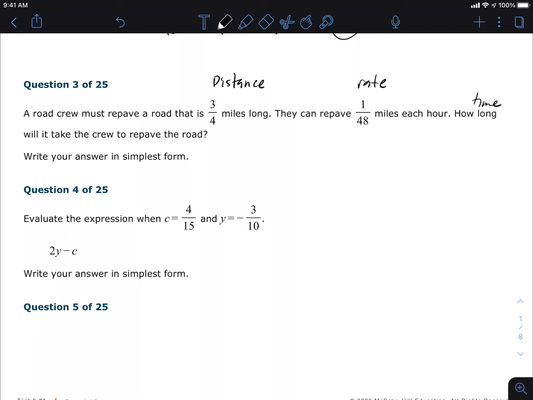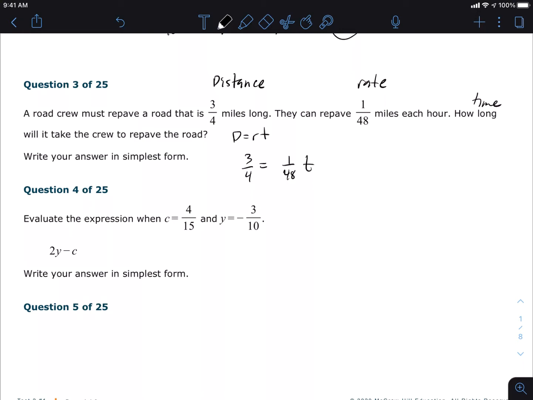So if we know our formulas, distance is equal to rate times time, we're going to go 3/4 is equal to 1/48 times t. And since we're multiplying by t, we have to divide by 1/48, right? Or that's the same as multiplying by 48.